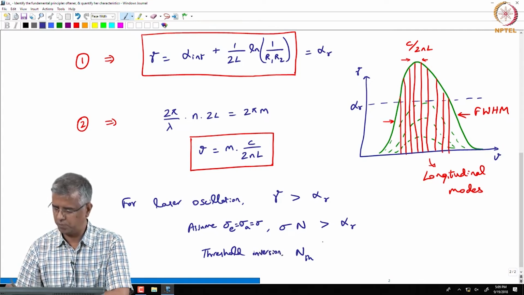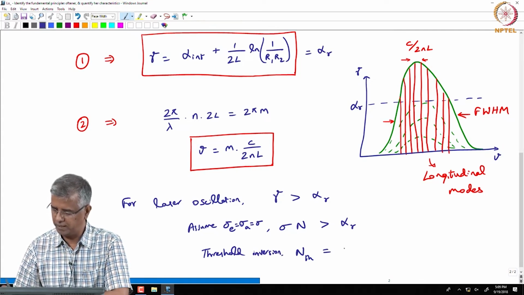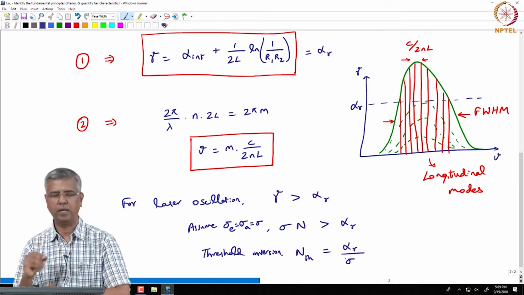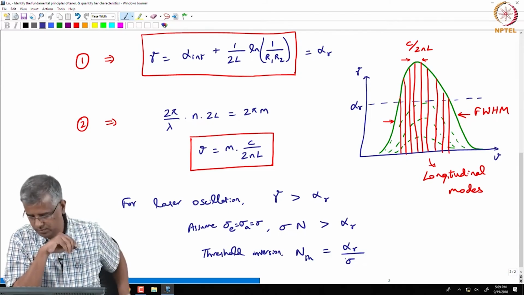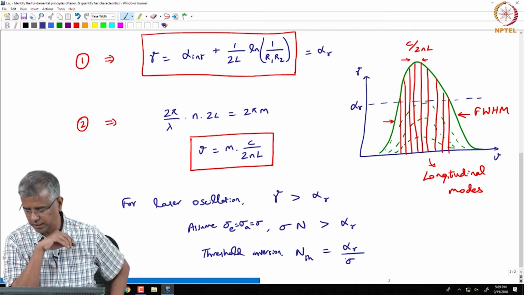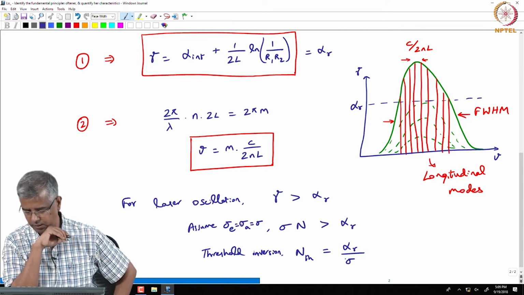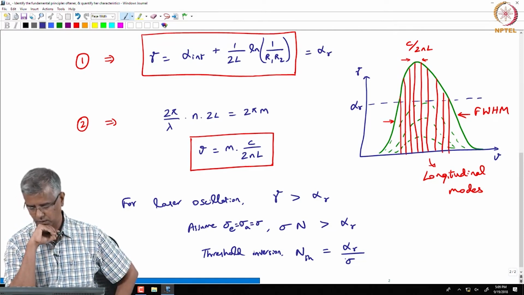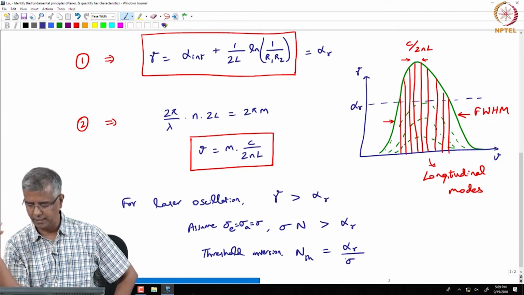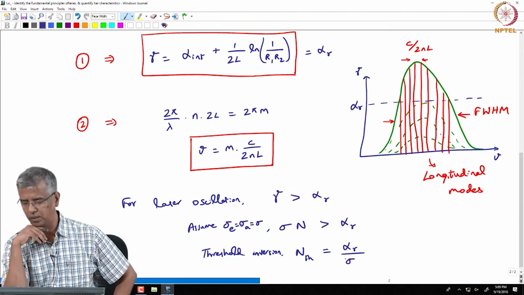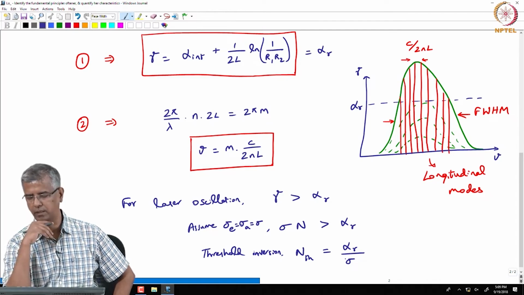There is a threshold population inversion, which is given by alpha r over sigma. Sigma is the transition cross section. Okay, just looking at a very simplistic picture. So, your inversion has to be greater than that so that you can achieve laser oscillation.